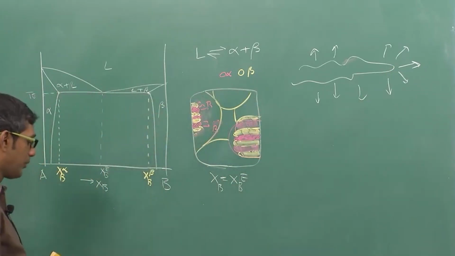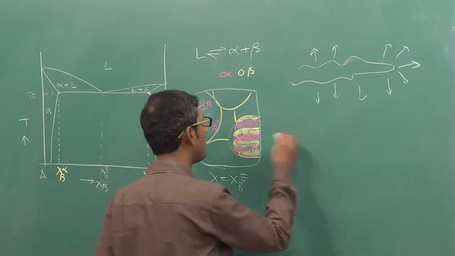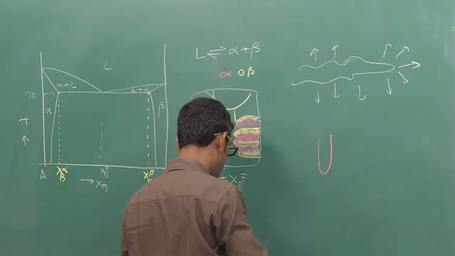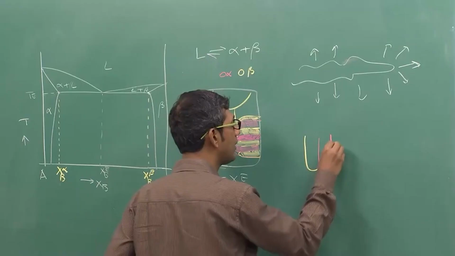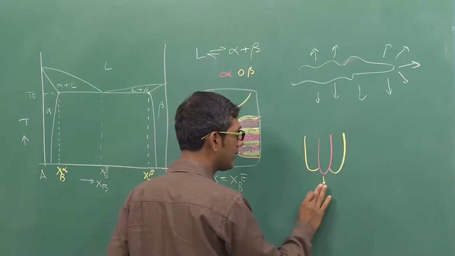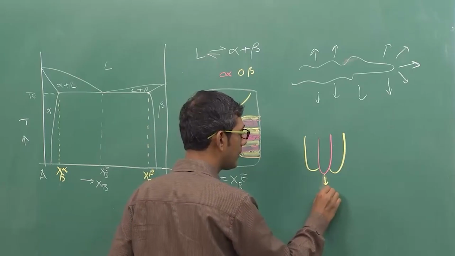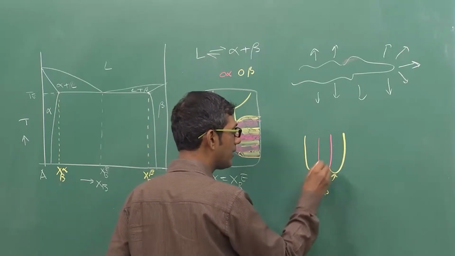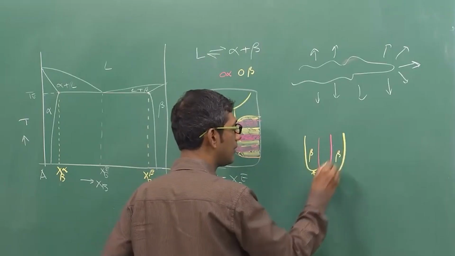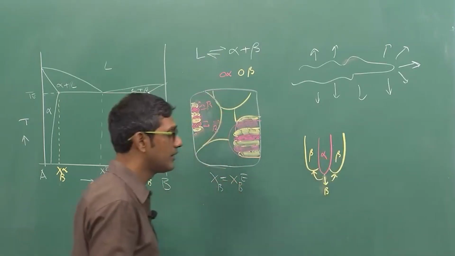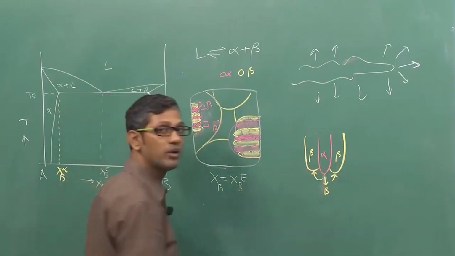But on the other hand, in eutectic, if I draw it again, these lamellae, only 2 lamellae, 1 alpha and 1 beta, I will be able to explain you nicely. So alpha will reject B, okay. This B is required by beta, right. As the alpha rejects B for its growth, this B will be required by the beta to grow.